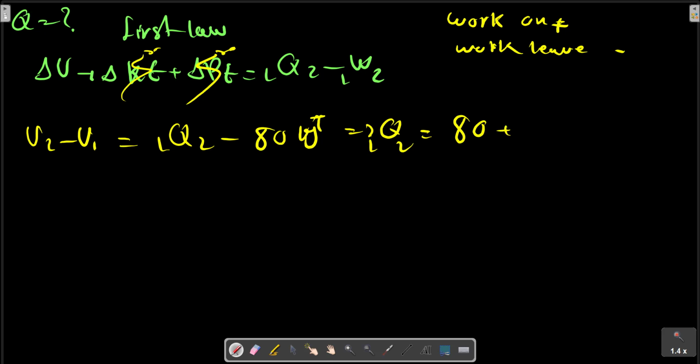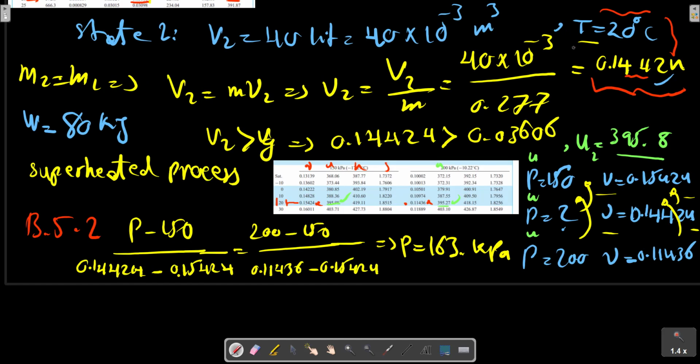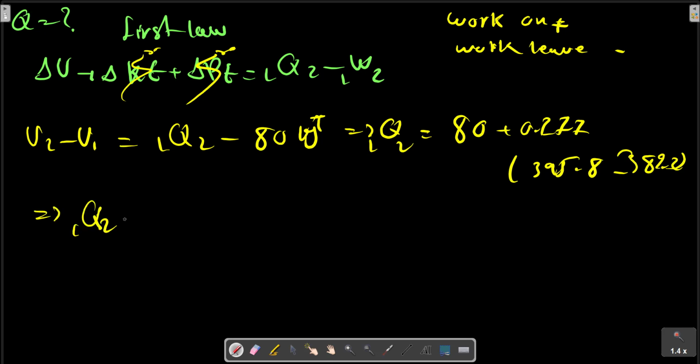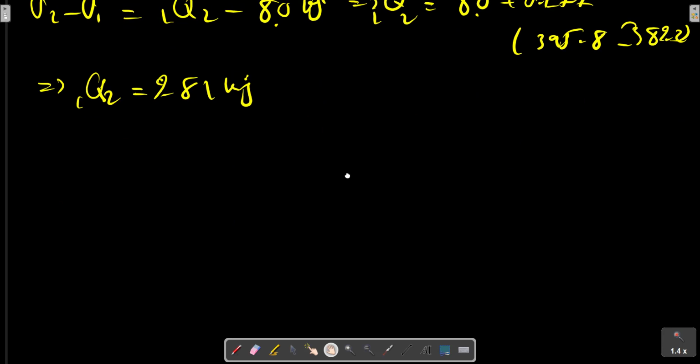M that we calculated before is this quantity, multiplied by U2 minus U1, so the answer is this many kilojoule for part 1.